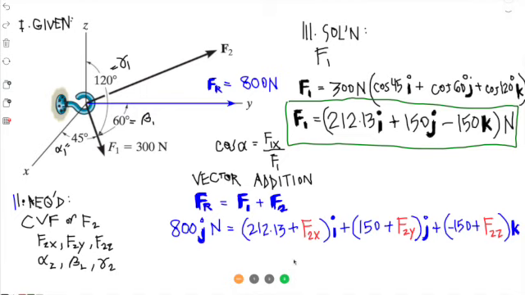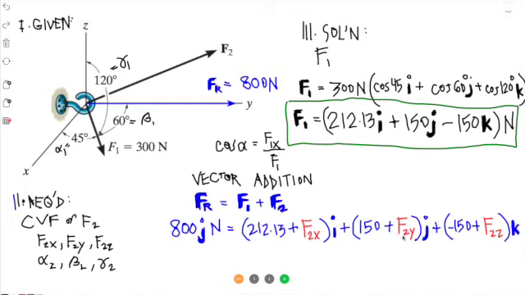Here we can solve for each one with this equation. For the x component, we will equate it to 0 since our resultant force has no x component, that's 0i.